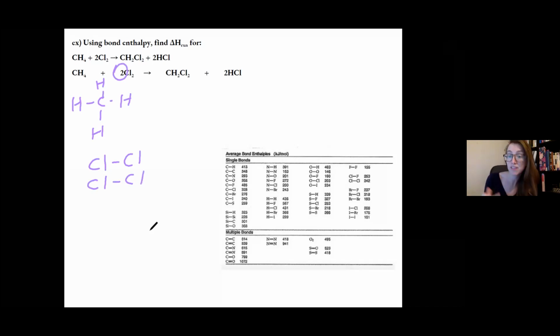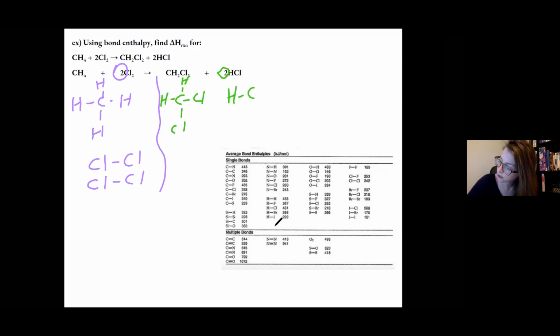If the coefficient were 7, I'd draw it 7 times. Or you can multiply by the coefficient. If what I just said made sense to you, go with that. If not, draw it as many times as you need to. Then my products. We have CH2Cl2, and we have 2 HCl's.